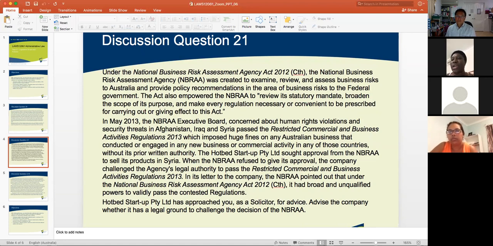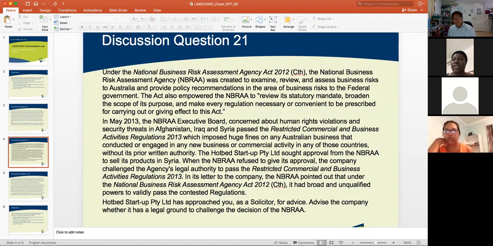The Act also empowered the NBRAA to review its statutory mandate, broaden the scope of its purpose, and make every regulation necessary or convenient to be prescribed for carrying out or giving effect to this Act.